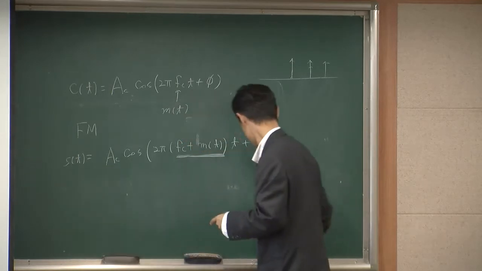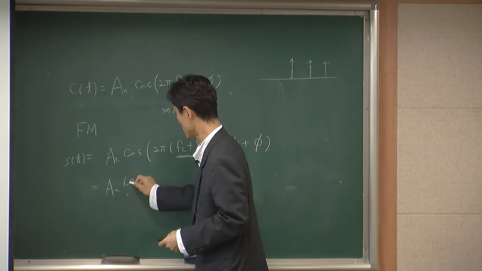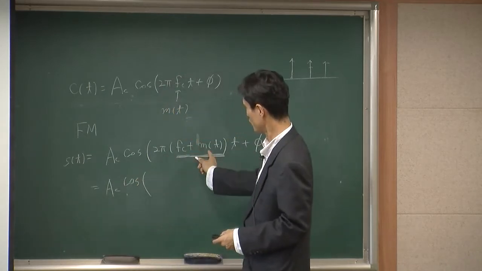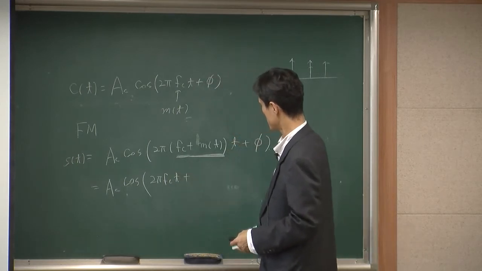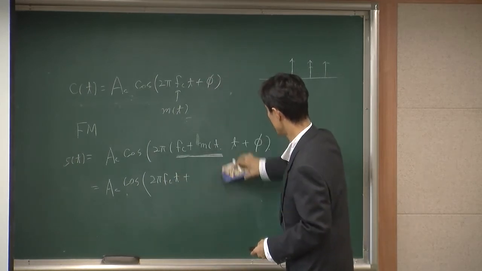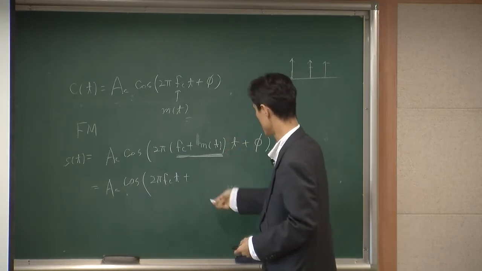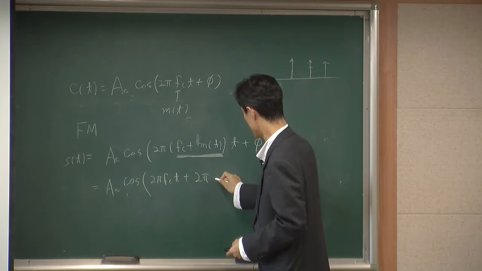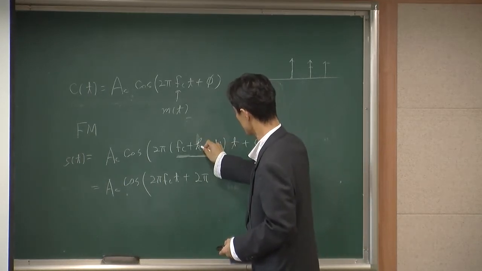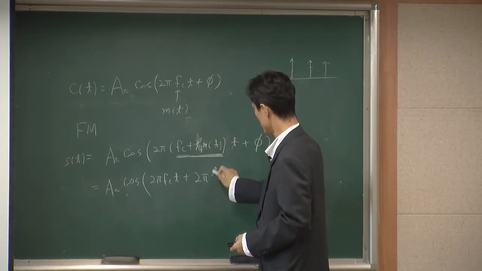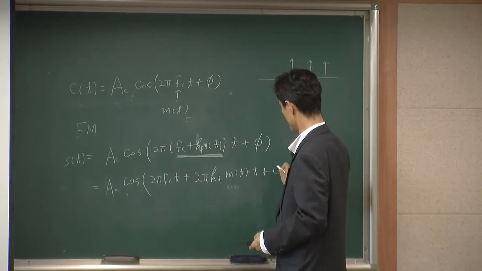And by the way, think about this way. When you do this, let me write it again. A_c cosine. Now we can think about two terms: 2 pi fc t plus, I missed one thing, yeah, that's right, 2 pi, let me put here k_f, just a constant value, then k_f m(t) times t, plus phi.